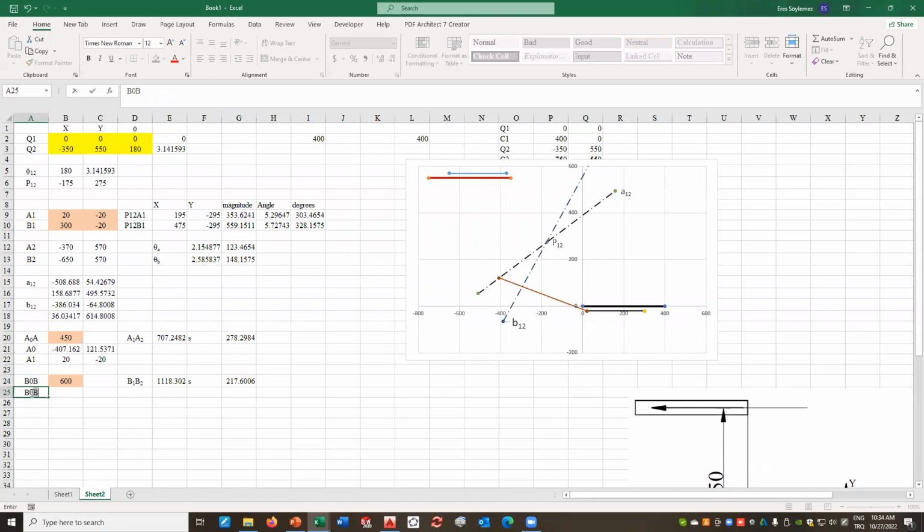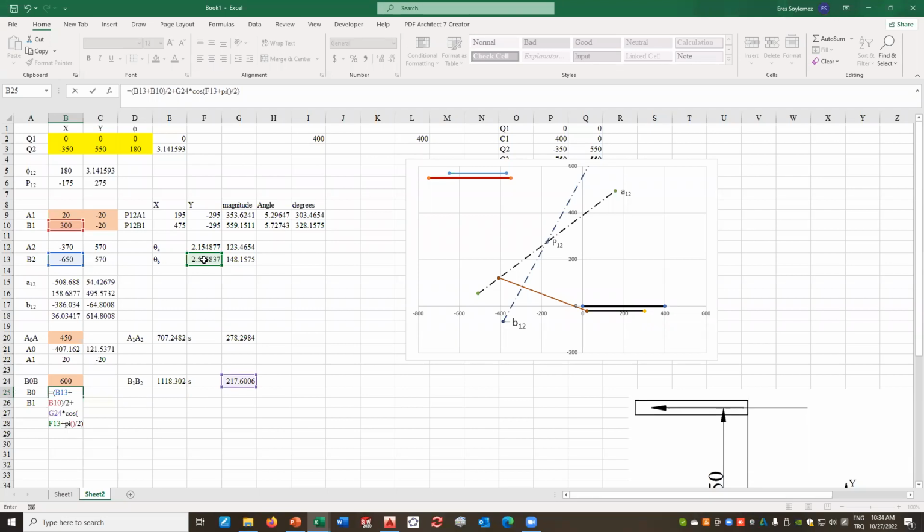B0, B1, we are almost done. B0 will be equal to the midpoint, open up parentheses, B2 plus B1 divided by 2 plus S times cosine of the angle theta B plus pi over 2.